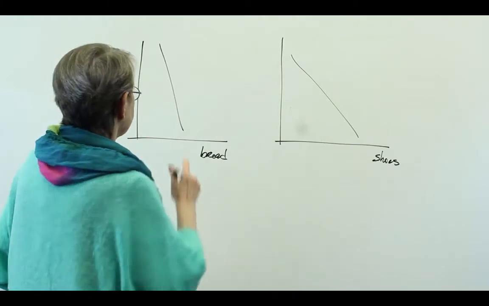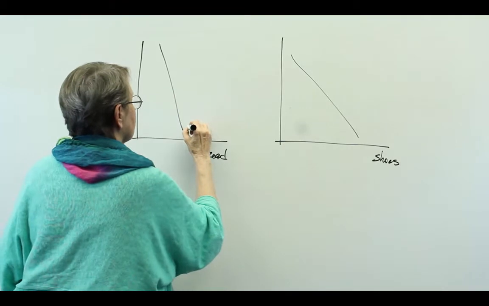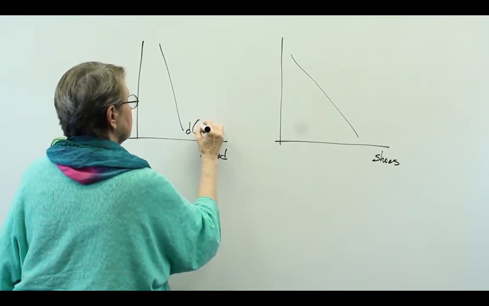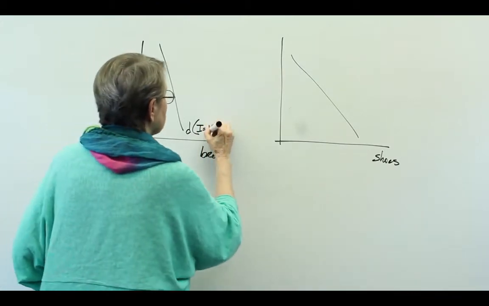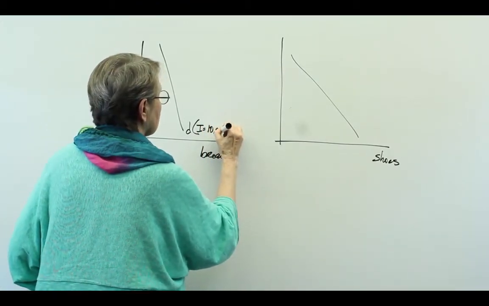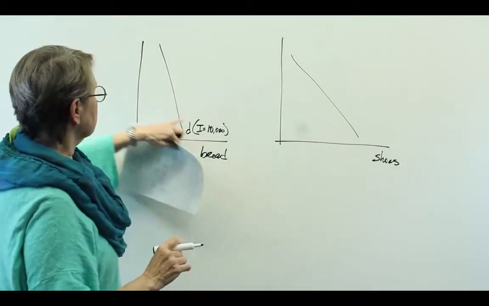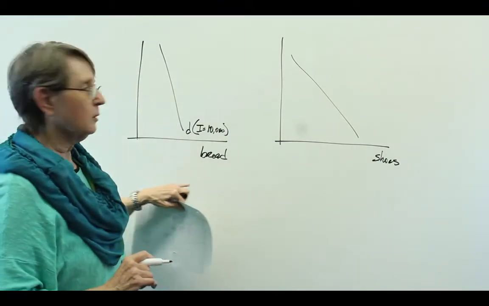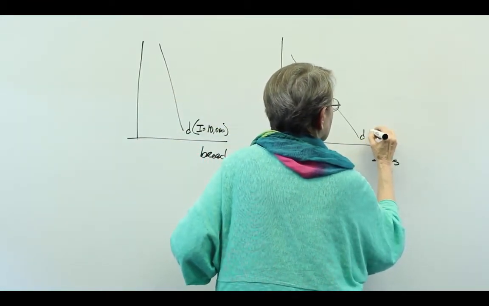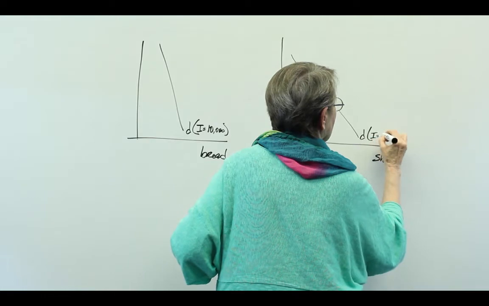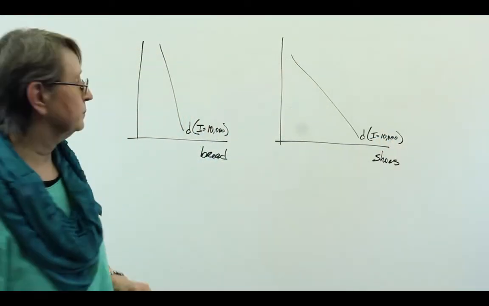Now, let's say that the demand for bread looks like this if the average income in the area is $10,000. So that's the average income in the area. And if the average income in the area is $10,000, the demand for bread looks like that. If the average income in the area is $10,000, the demand for shoes looks like that.